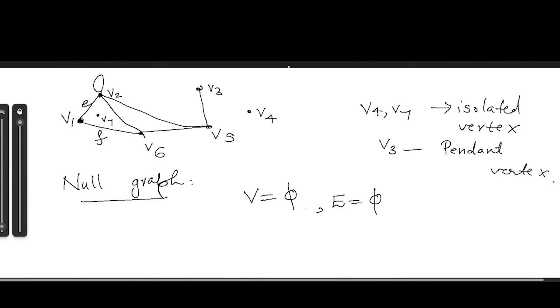That means there is no graph. So a null graph must have at least one vertex. So what is a null graph? If we are considering a graph like this, there are so many vertices, but there are no edges, only isolated vertices. Such a graph is called a null graph. It is possible for the edge set E to be empty. Such a graph without any edges is called a null graph. Every vertex in a null graph is an isolated vertex.